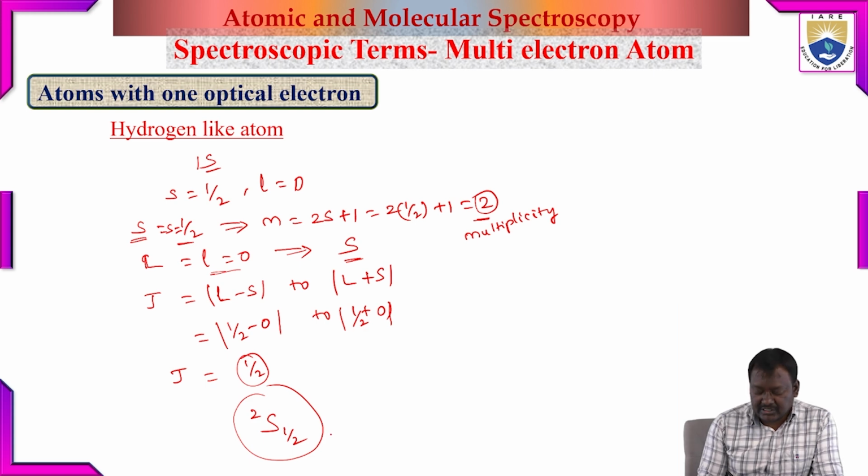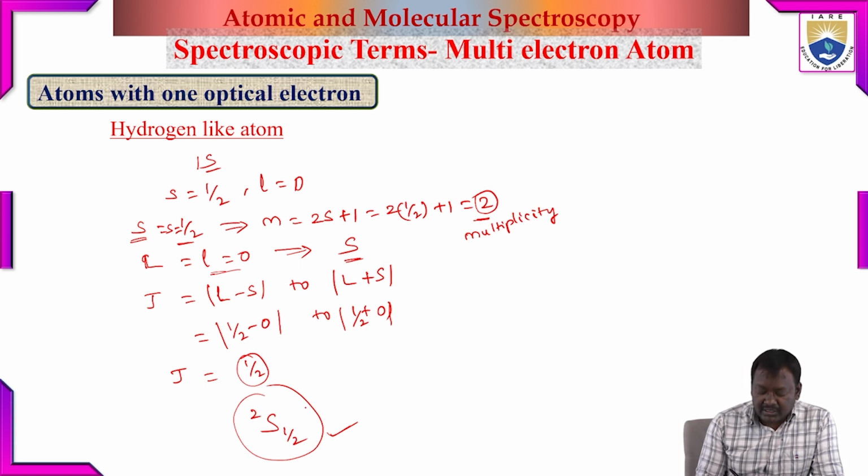So this is the energy level or energy state for the hydrogen atom, the ground state spectral term.